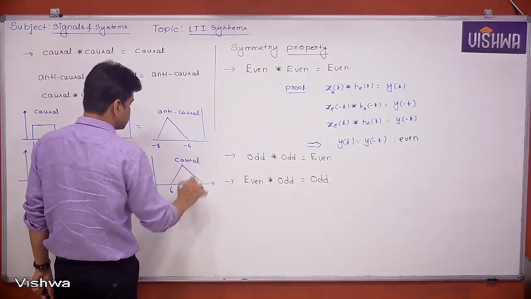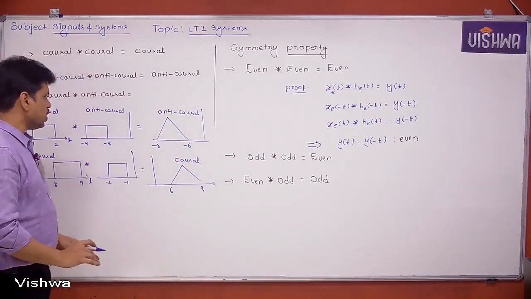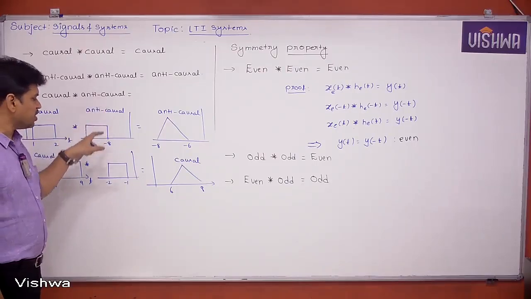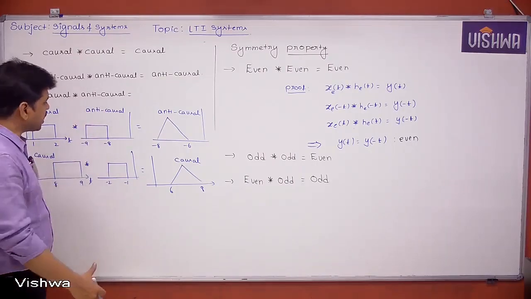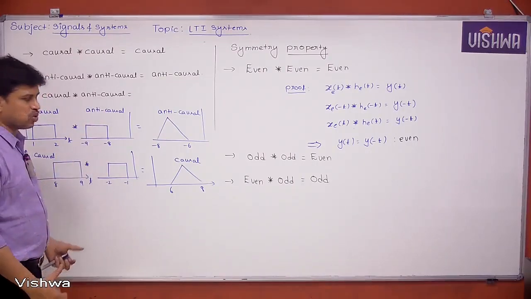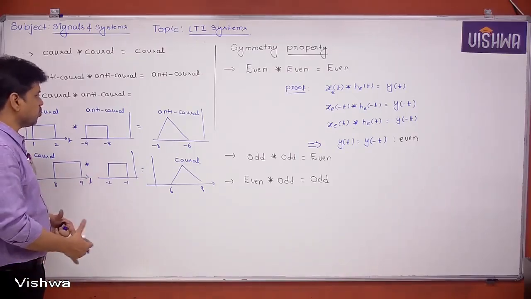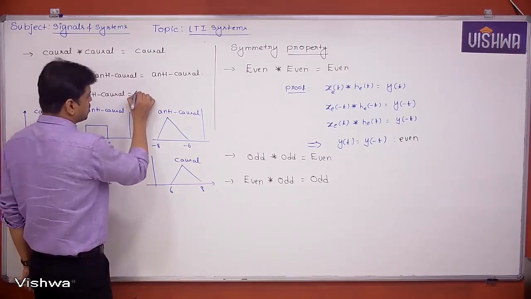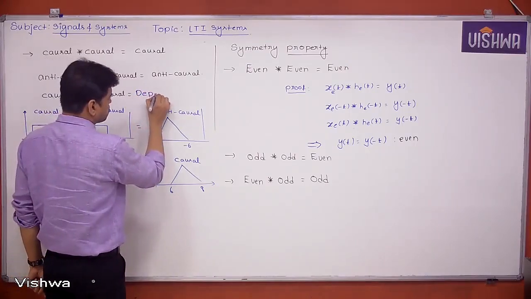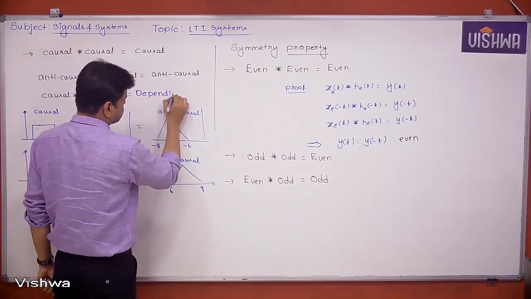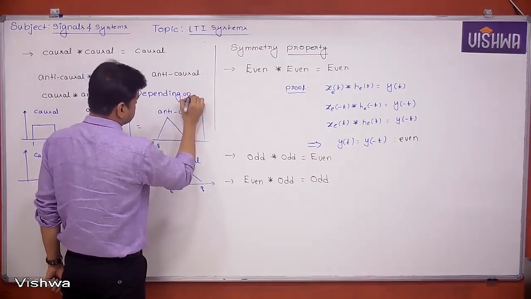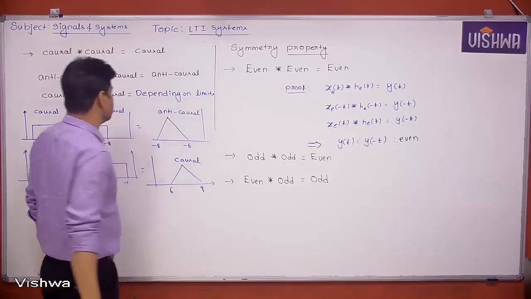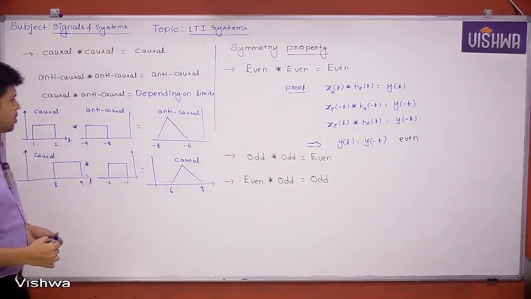There are situations where it will become non-causal also. So can I simply say a causal signal convolved with an anti-causal signal has no specified result? It is entirely dependent on the limits of the signals. Where the signals exist determines what the resultant signal is. So I can simply write: depending on limits.